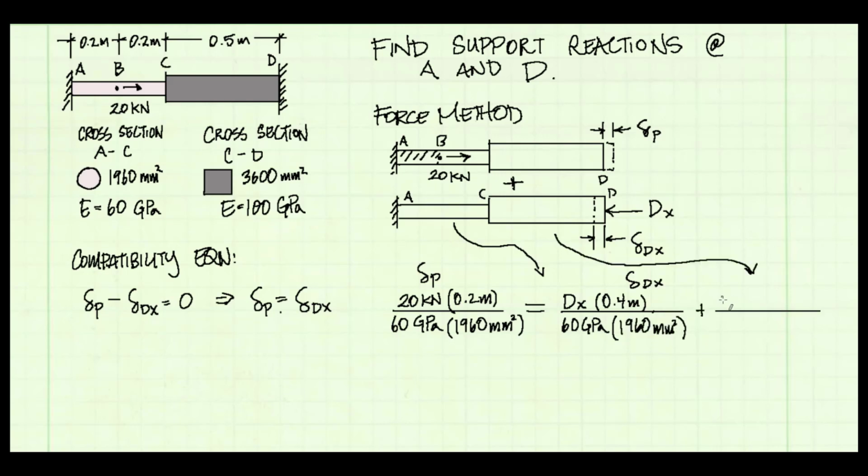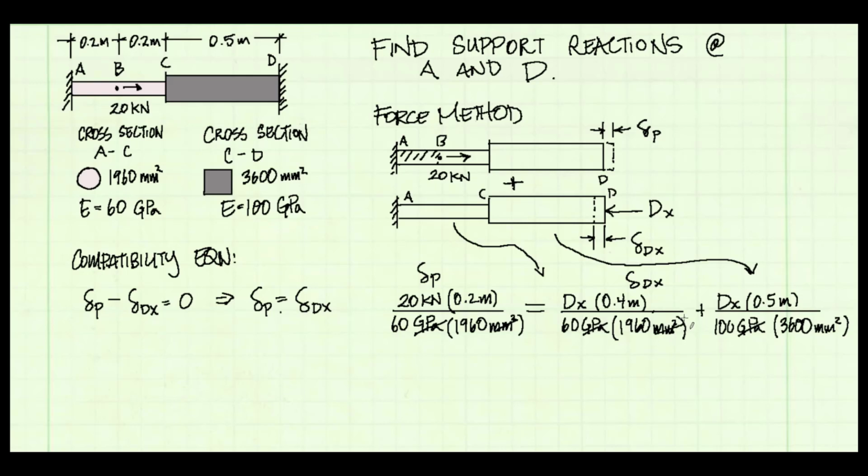And then for member CD, the internal force is the same, Dx, which we don't know yet. Length is 0.5 meters. Modulus of elasticity is 100 gigapascals, and the cross-sectional area is 3,600 millimeters squared. And now we can go back to the whole units issue. Look, gigapascals is in every single term, so it cancels out.